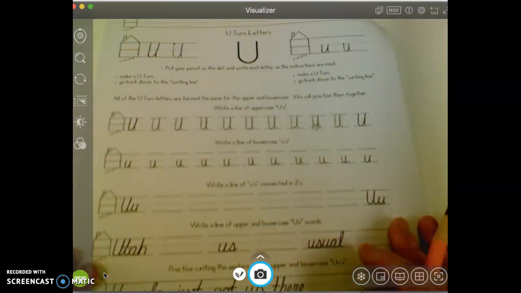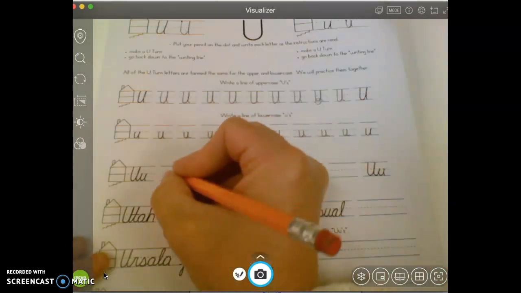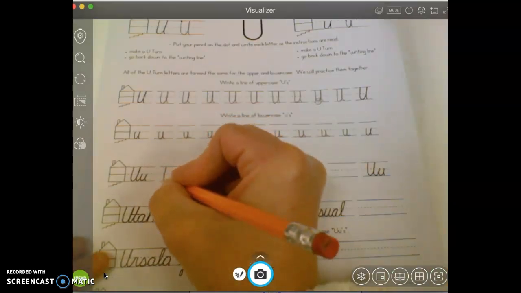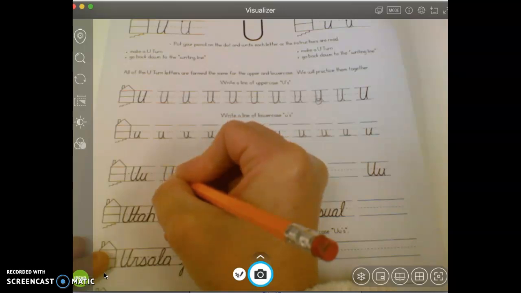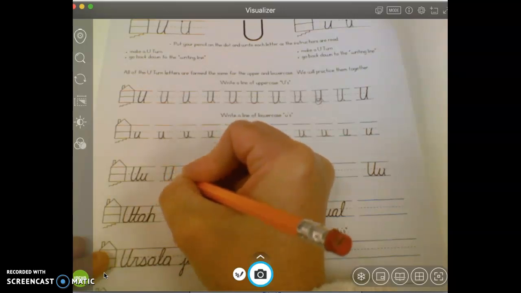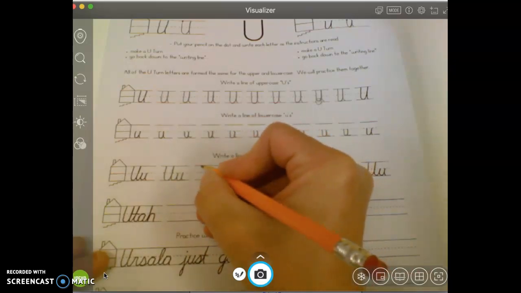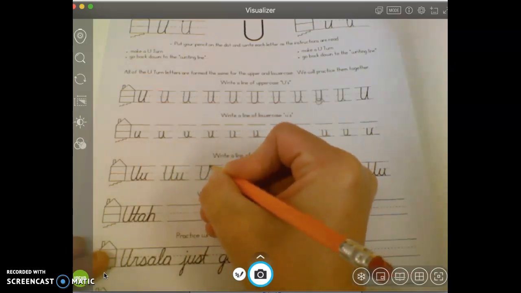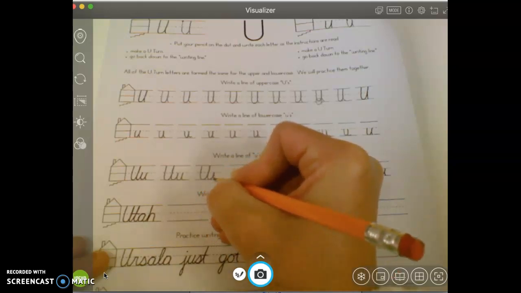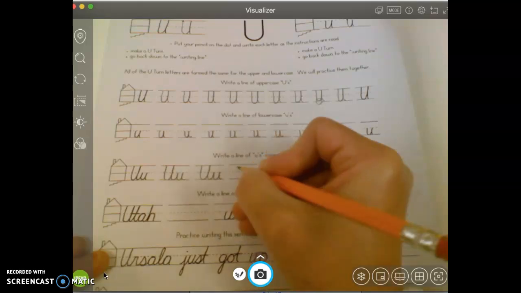This says write a line of U's, connect in twos. So uppercase U all the way to the top, retrace all the way back down, and then connect with your lowercase u. So uppercase U all the way up, retrace back down, go all the way to the broken middle line, make a U-turn, retrace back down.